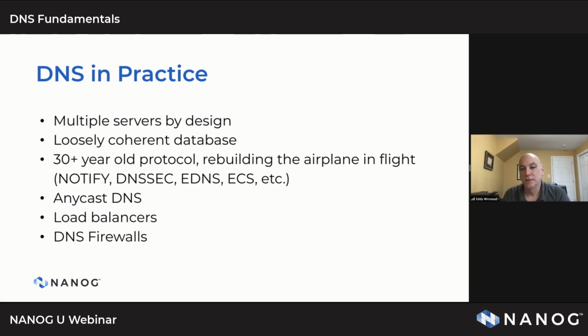ECS changes that, right? So there's more privacy concerns there. So as with everything, there's pros and cons, right? There's push and pull. You're getting something that maybe some users want, because they want to be fed more specific data. And then you're getting some stuff that some users very definitely don't want. They don't want any information about their location or their networks being provided to authoritative servers.